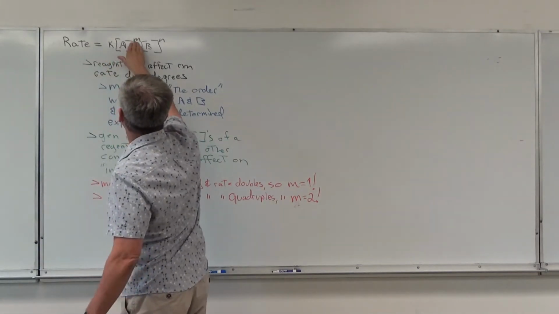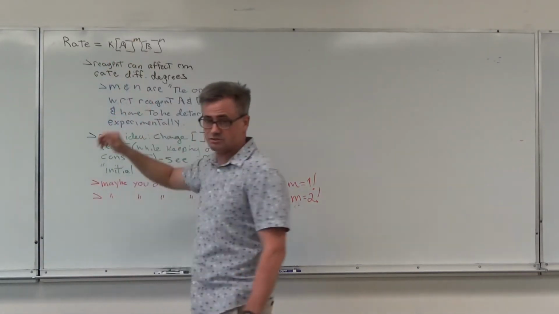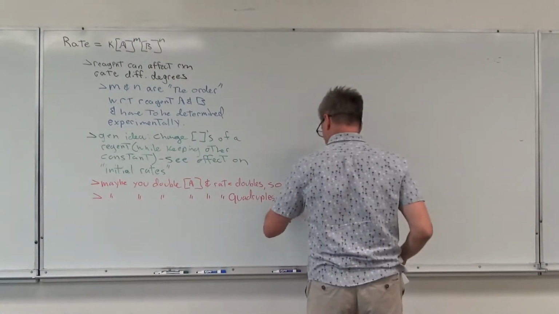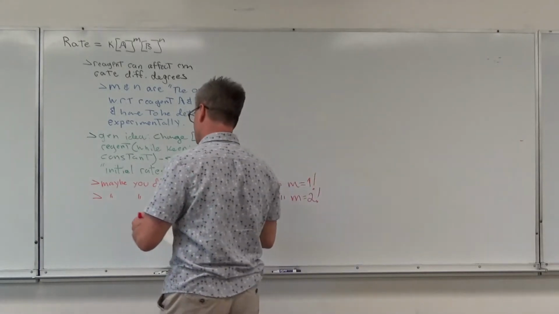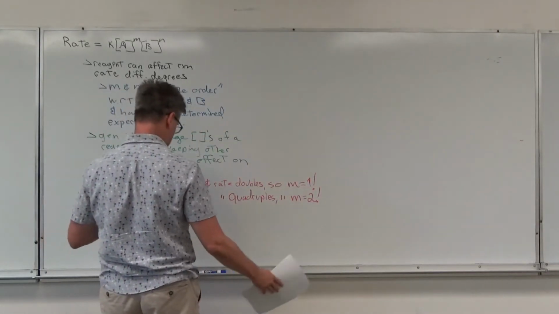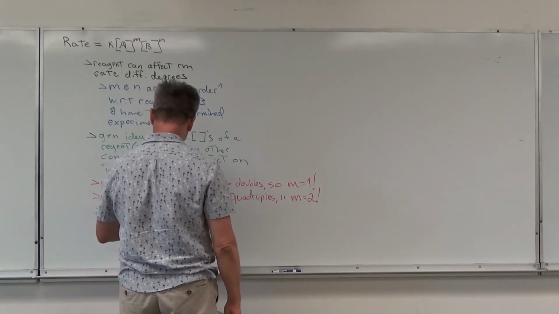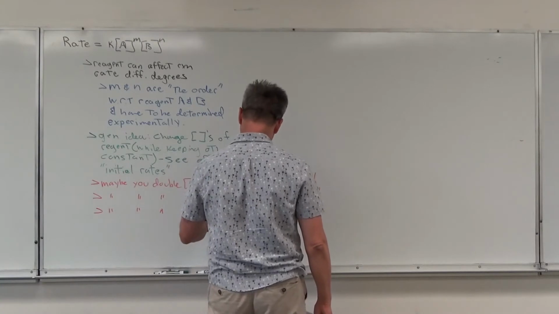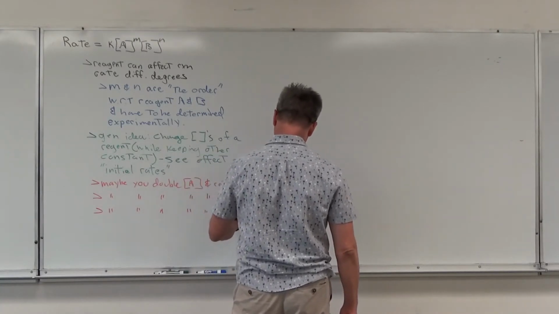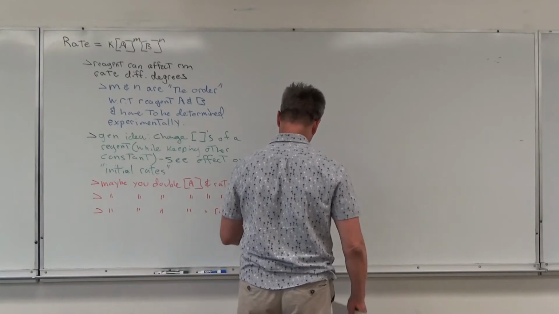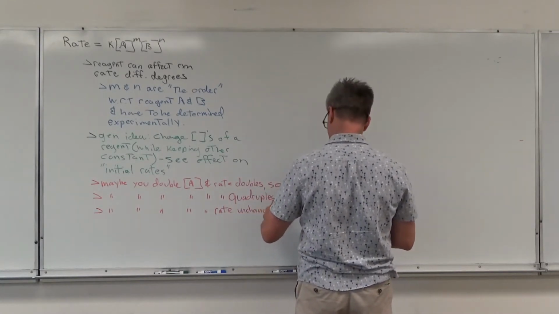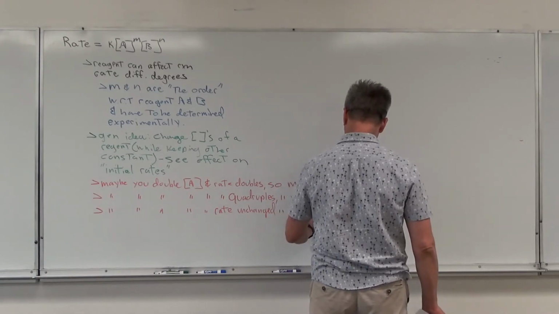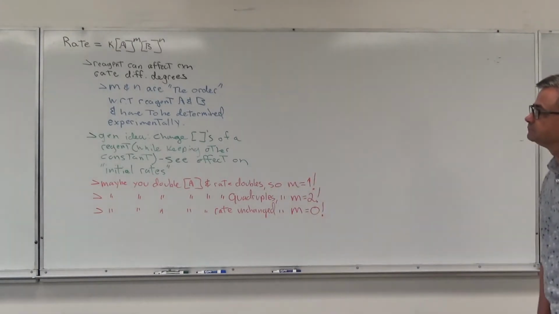It quadruples that, and it does that because that is 2. And just like I said a minute ago, what if you doubled A, and the rate is unchanged? Therefore, M is 0.